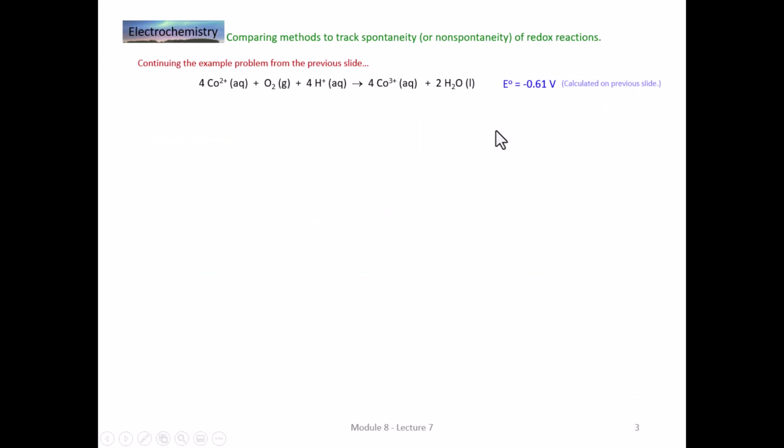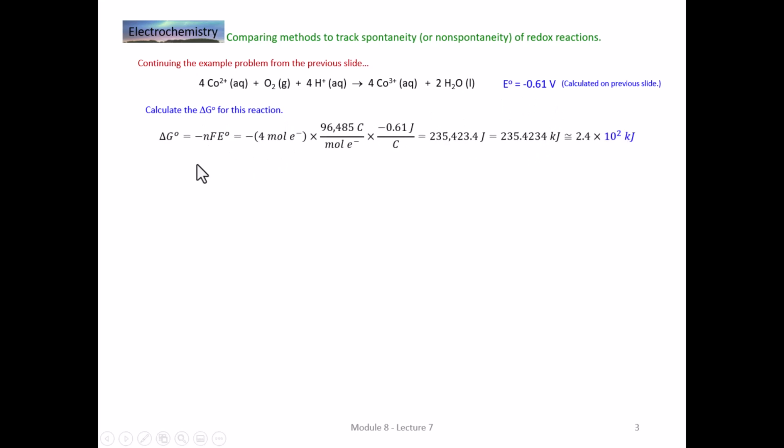So continuing our example from the previous slide, let's go ahead and calculate delta G. As you can see and recall from the first slide, delta G equals minus nFE, n being, of course, the number of moles of electrons in the balanced reaction as written, times Faraday's constant, times the voltage, joules per coulomb for volts.